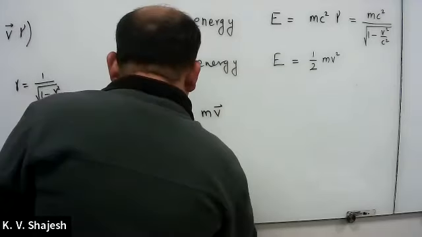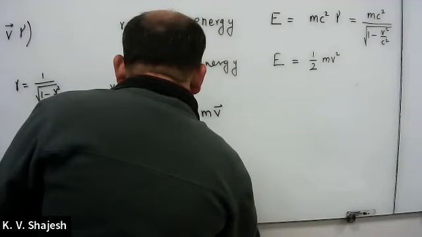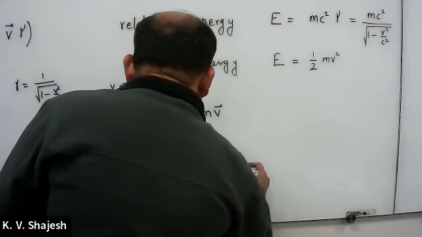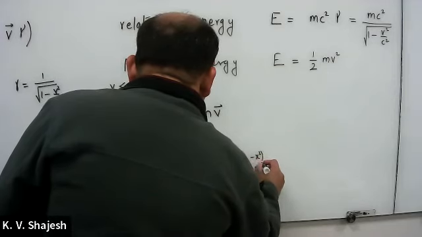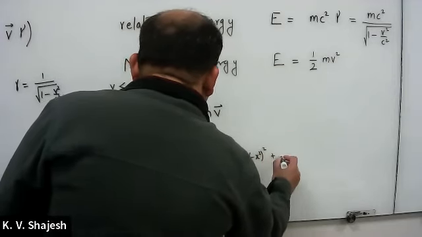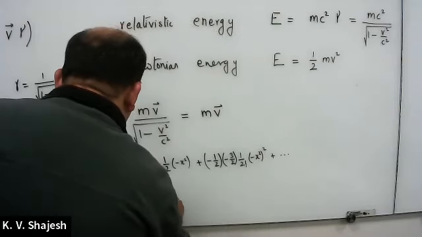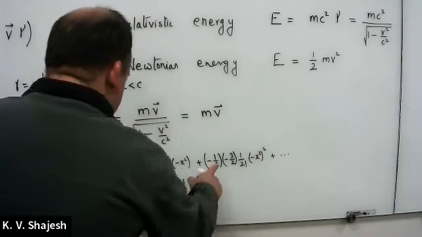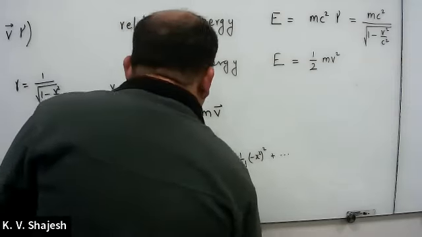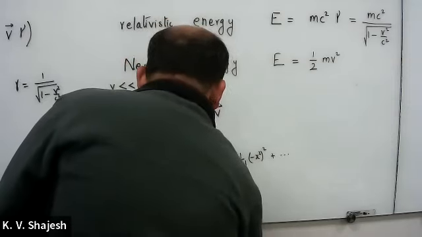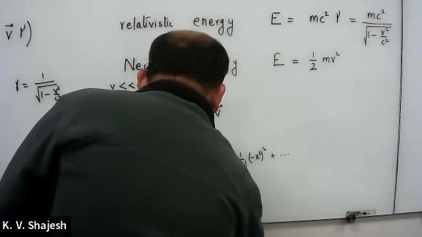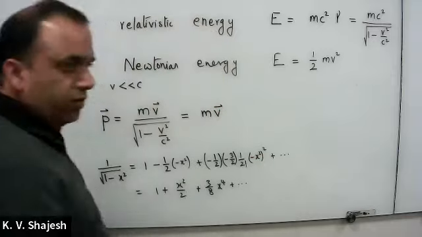That is a minus half, then minus half minus 1, so it's minus 3 halves, and then there is a 2 factorial and minus x squared, and so on. So that's the same as 1 plus x squared over 2, and then there is 3 over 8, so plus 3 over 8 x raised to 4, and so on.